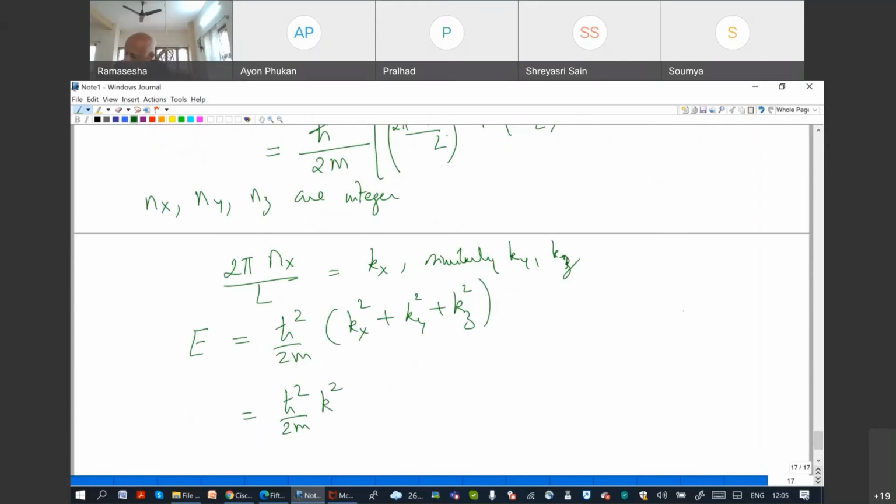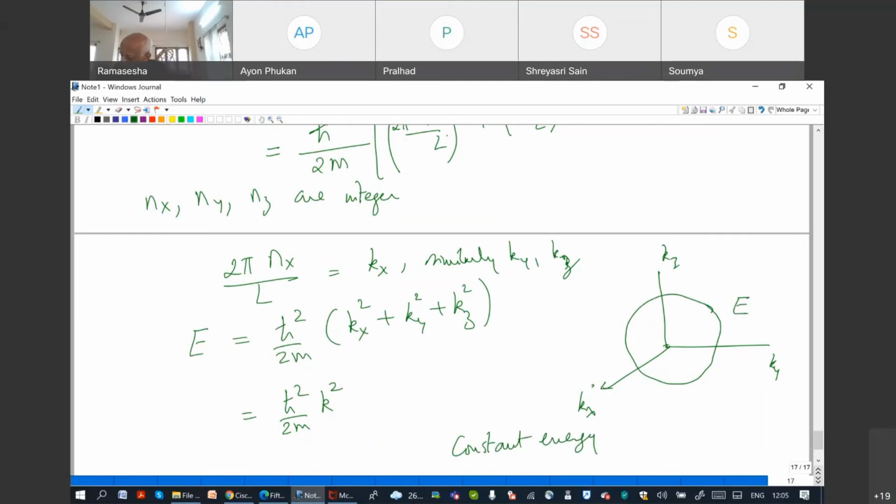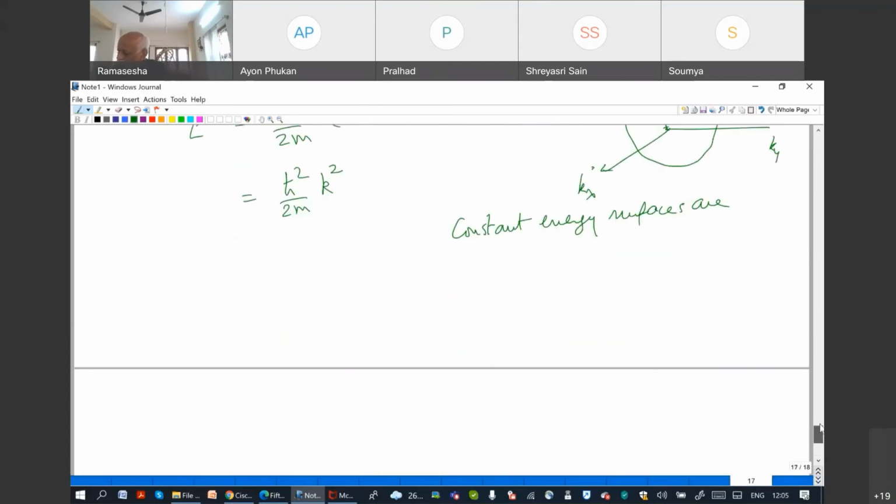Which means that if I take kx, ky, kz in this, if you give me a constant energy E, the constant energy surfaces are surfaces of a sphere.